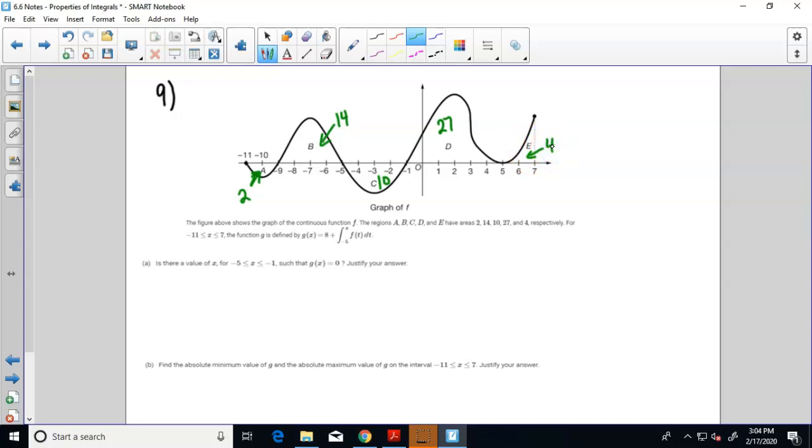Clearly we can't find them ourselves because we've got curves here. It also tells us that g of x equals 8 plus the integral from negative 5 to x of f of t dt.